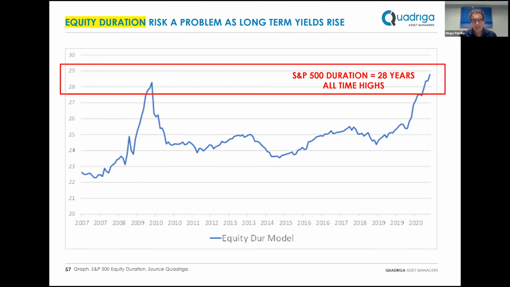The thing is that there are a lot of common mistakes that are made, and one of them is we tend to compare the equity risk premia with 10-year treasuries. But the fact is that if you look at the duration of these risk assets, we find in our analysis that the S&P is closer to 28, 30 years, or the Nasdaq could even be 40 or even closer to 50 years in duration.